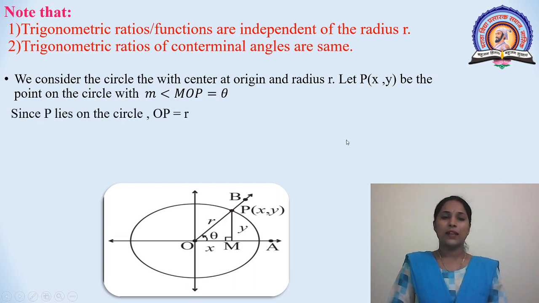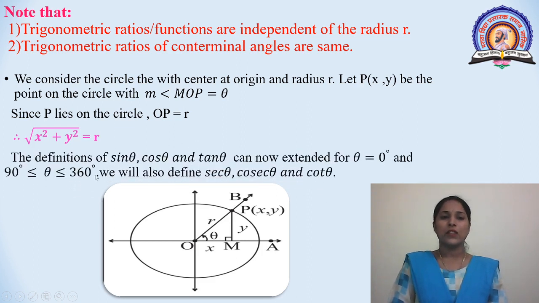Since P lies on the circle, OP is equal to r. Therefore, square root of x square plus y square is equal to r. How is this formula given? By using the center radius form, we get x square plus y square is equal to r square. Taking the square root of this equation, we get square root of x square plus y square equal to r.